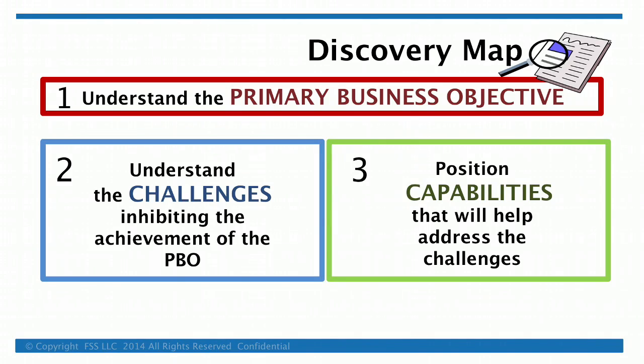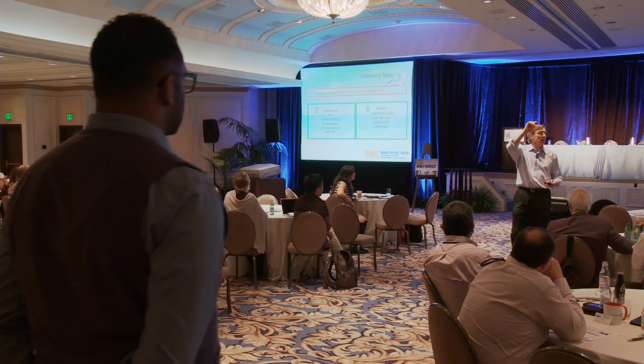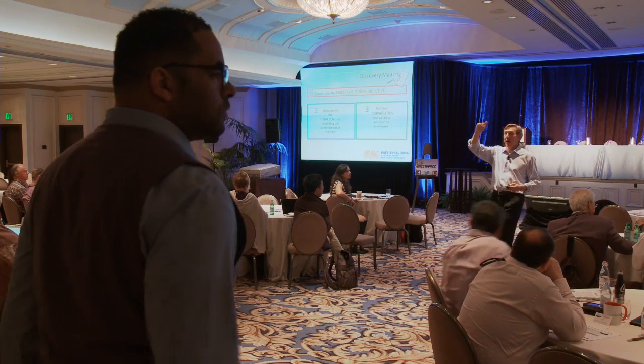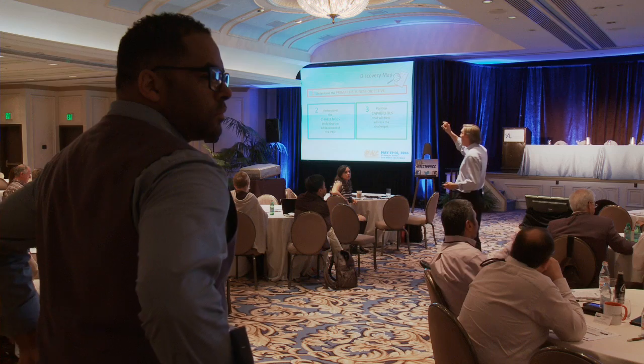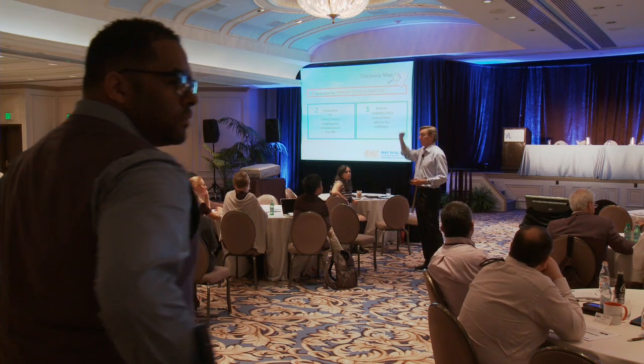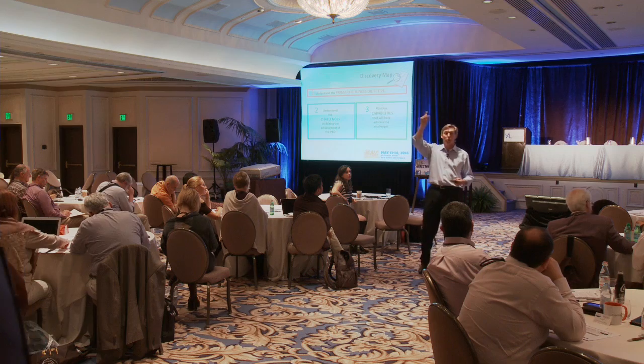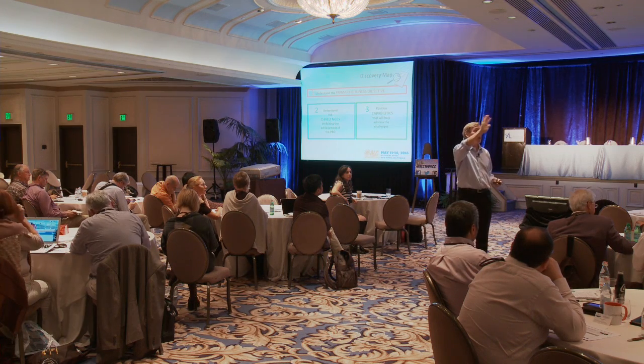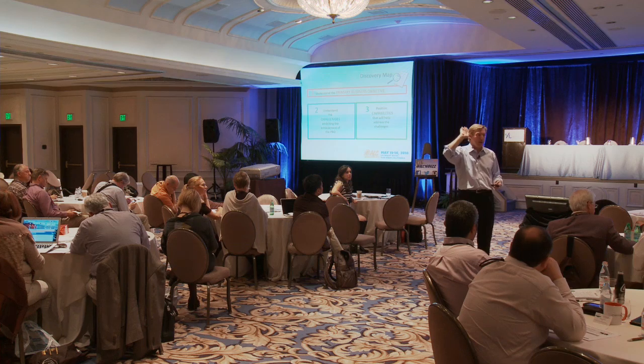A capability in this context is defined as the way that somebody uses your product or service. How do they use your product or service? It's not features, benefits, and incentives. It's not coming in and telling them, here's all the things that we have.